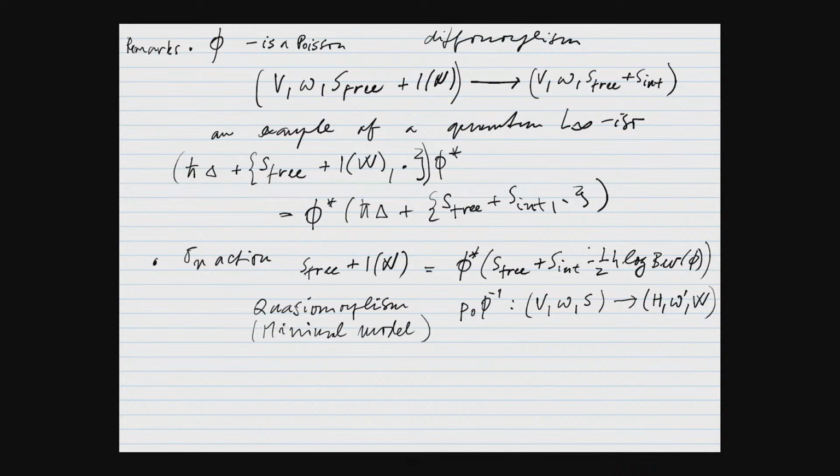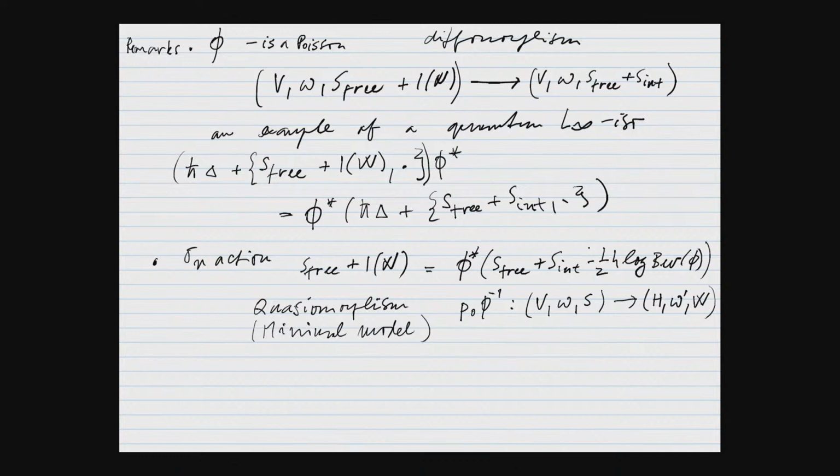And it would give you one possible example of what you may call quantum L infinity isomorphism. So it is the diffeomorphism which intertwines between the two Batalin-Vilkovisky operators.